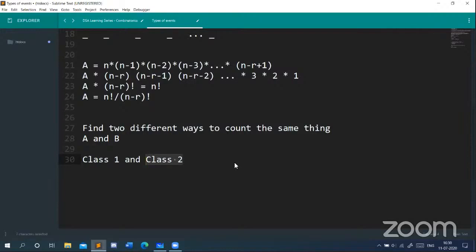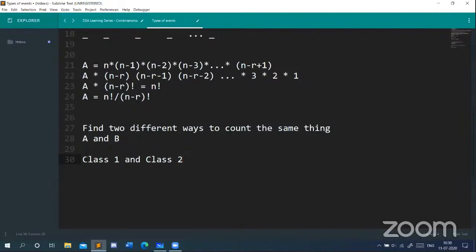And we do that by saying that two students from class 1 and class 2 are related if they have the same roll number. So roll number 1 from class 1 maps to roll number 1 of class 2. Roll number 2 of class 1 maps to roll number 2 of class 2, right?